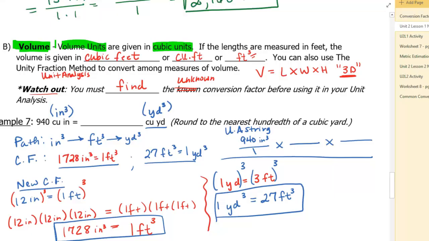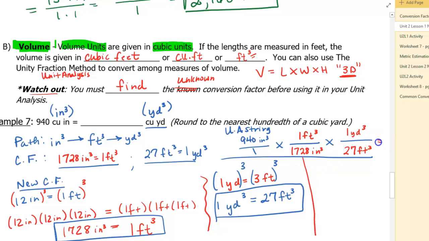The next one has to have cubic inches in it, and the cubic inches will go in the bottom, so 1,728 inches cubed on the bottom and 1 foot cubed on top. Then I can put this one next, and since feet cubed are in the top of the previous fraction, I'll put the 27 feet cubed in the bottom of the next one, and then 1 yard cubed on the top.